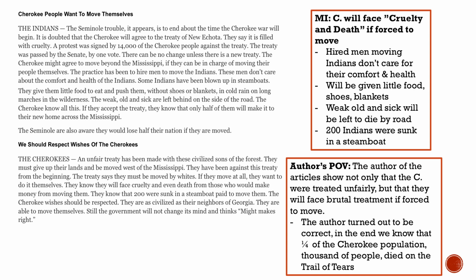We know from our previous text that a quarter of the Cherokee population, thousands of people, died along the Trail of Tears. So it's interesting to note that even before the Trail of Tears happened, the Cherokees already knew what was going to become of them. And yet nobody does anything to stop this from happening. Not the U.S. Government, and certainly not anyone else.